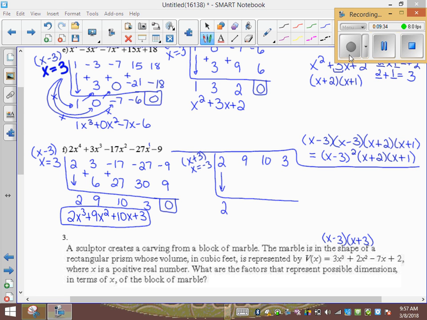Drop the 2. Multiply. 2 times negative 3, negative 6. Add. 9 plus negative 6 is 3. Multiply. Negative 3 and 3 is. Add. 10 plus negative 9. Multiply. Negative 3 and 1 is. Add. And we're happy. Now, this one is 2x squared plus 3x plus 1.